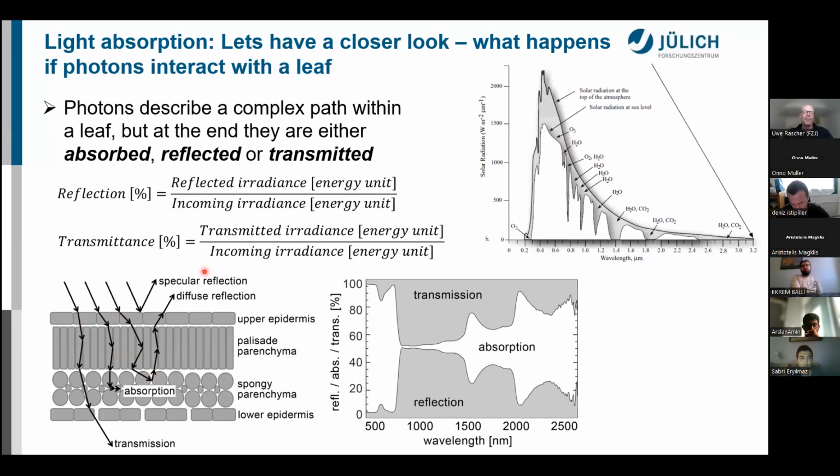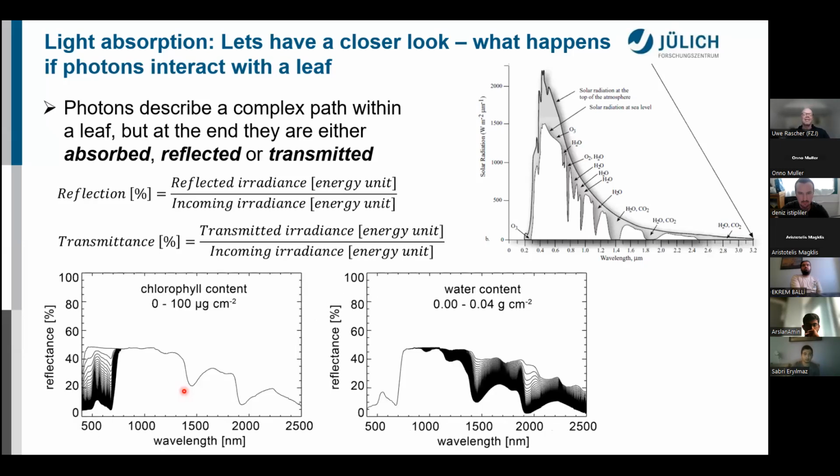And the path of the photon can be pretty complex before it actually reaches your sensor, which is placed either on top or below the leaf. So this is a whole part of plant phenotyping. If you have fun and if you want to go in there, people have developed models to really understand these optical properties within single leaves. There are models available which you could use to physically model and understand the properties within a single leaf.